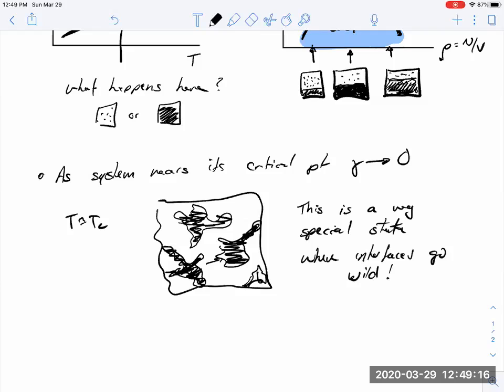Those interfaces are macroscopically large.